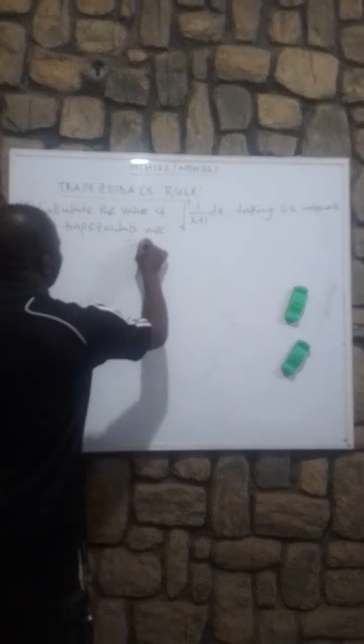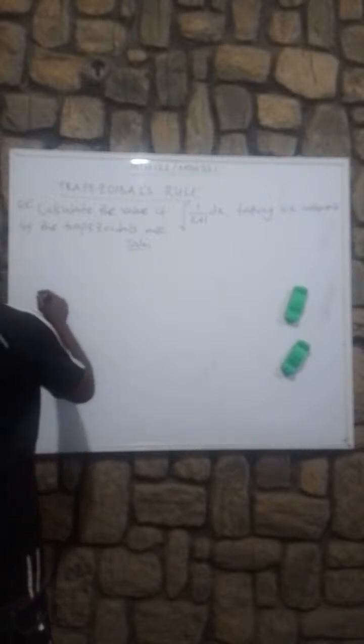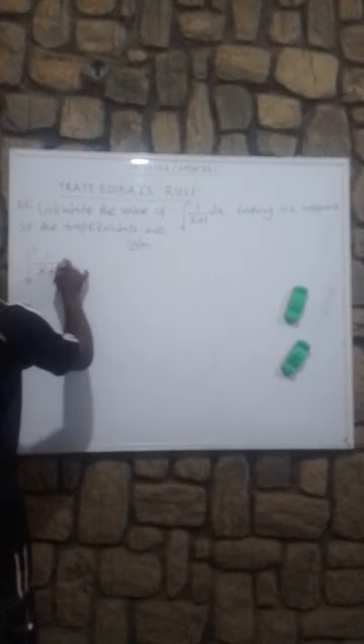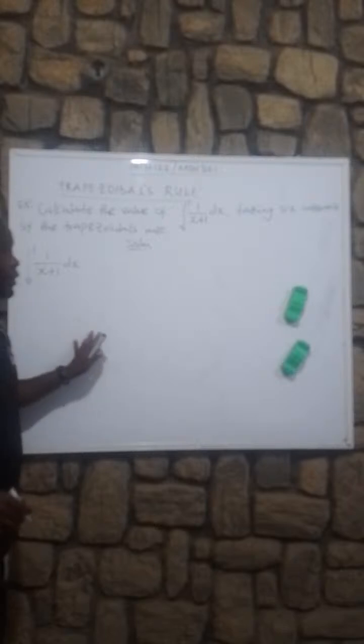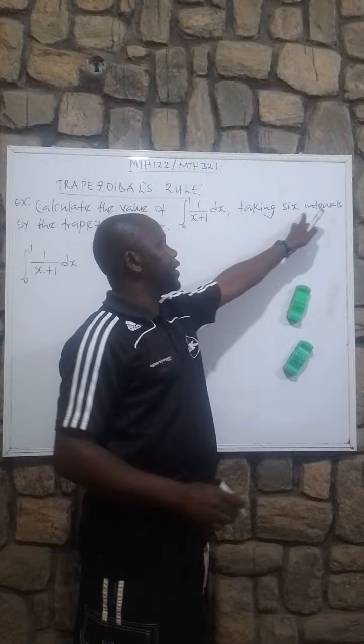Let's write the solution. The integral from 0 to 1 of 1 all over x plus 1 dx, and the condition given here is taking 6 intervals.